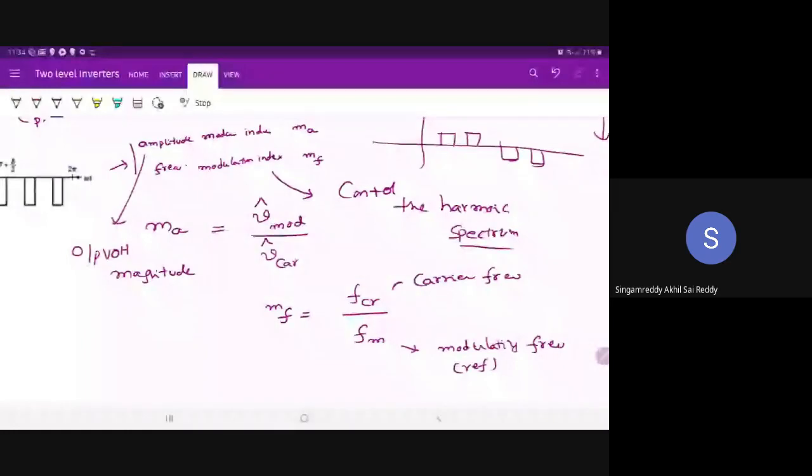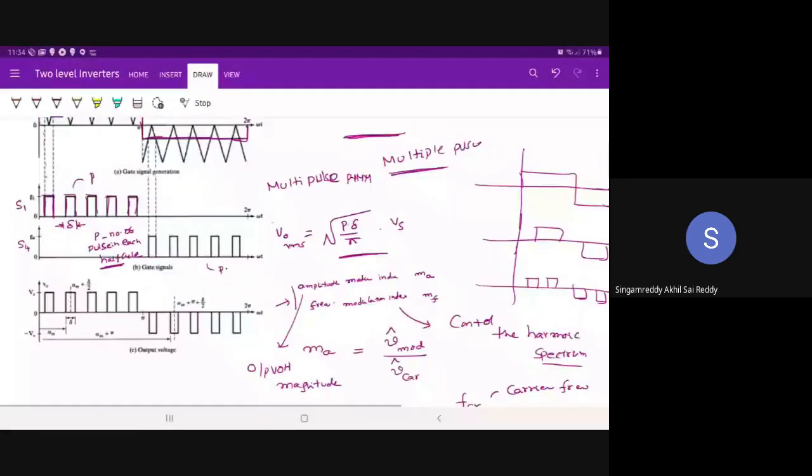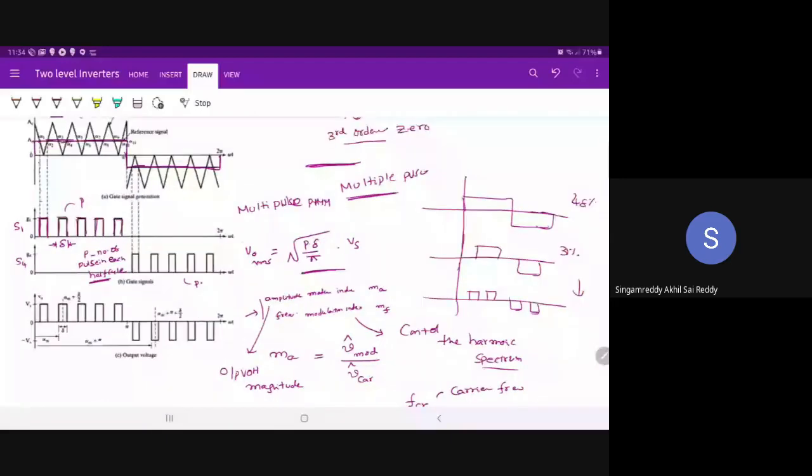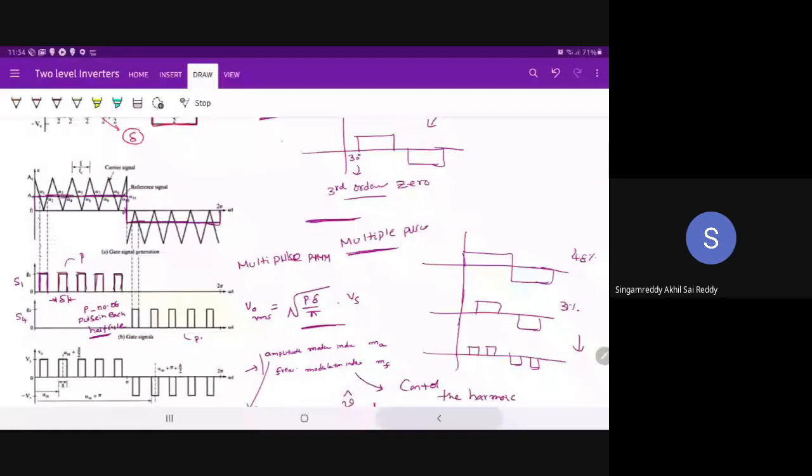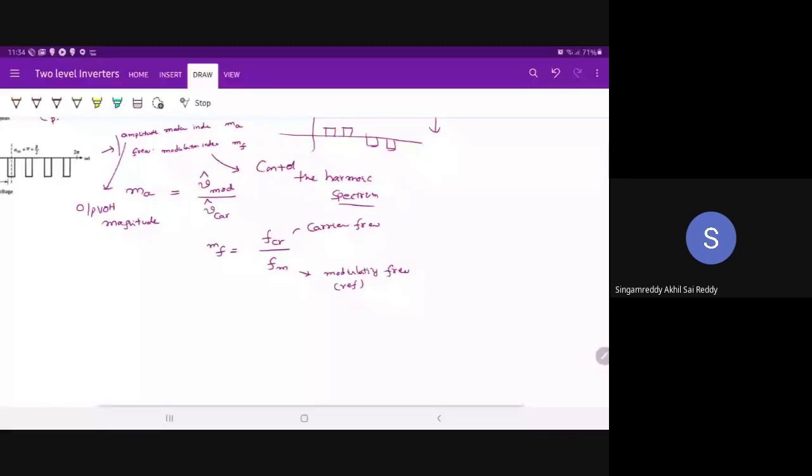In this case, what is the frequency of this carrier signal? How many carriers are there in one cycle? In the positive half cycle, from 0 to pi, you have 5 carriers, and from pi to 2 pi another 5 carriers. So that means 10 carriers in one cycle. Here MF is 10 and carrier frequency is 500 Hz, if we assume fm is 50 Hz.